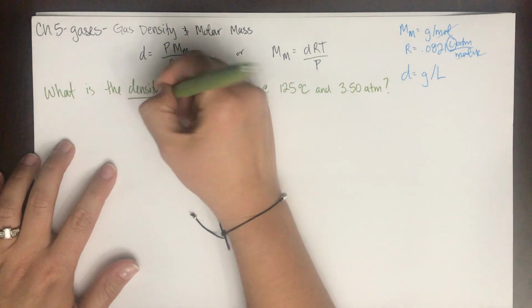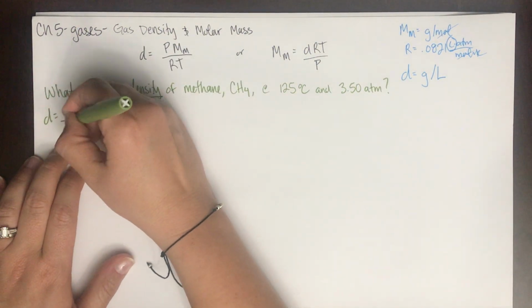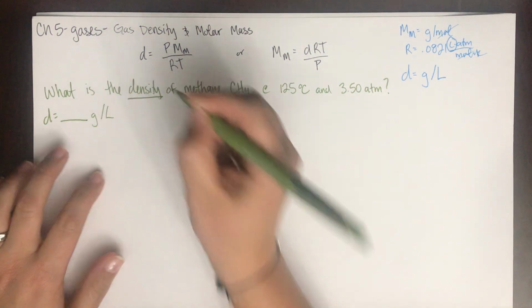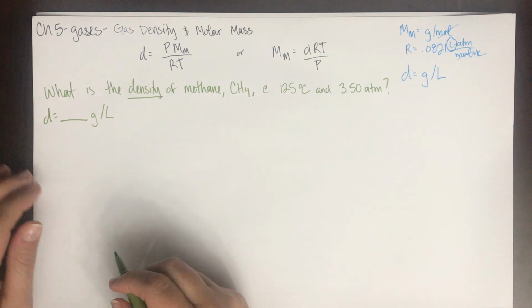So what is the density? I'm solving for density. Density equals whatever. I know it's going to be in a unit of grams per liter. Let's see what other information I'm given.